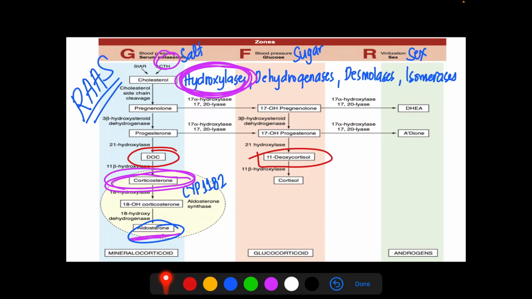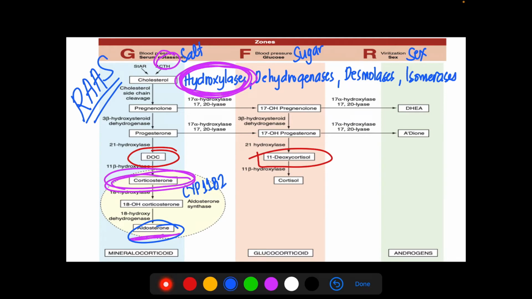Okay, next one, the zona reticularis. Of course, that produces your sex hormones, the androgens and the estrogens. Also take note that the androgens are 18-carbon steroids, and they also have saturated A rings in contrast to the estrogens. Let me just write that one.